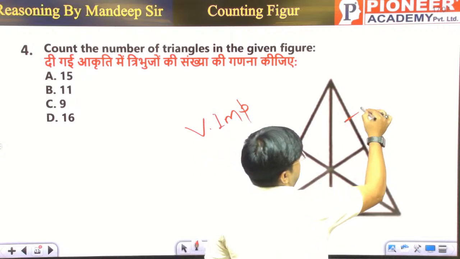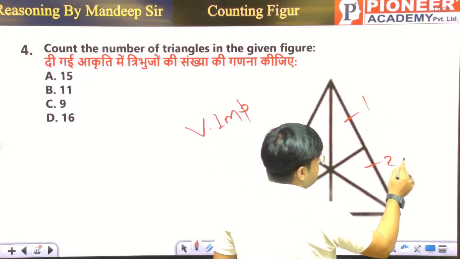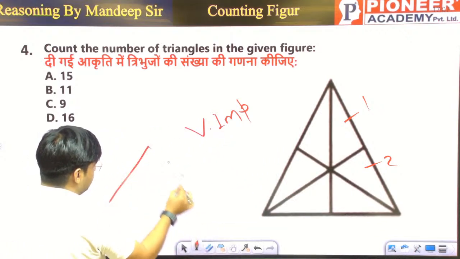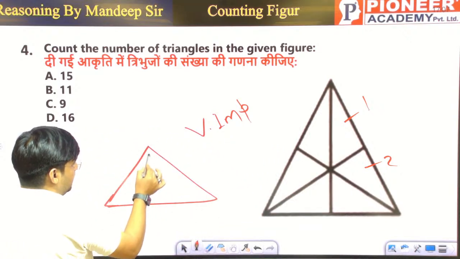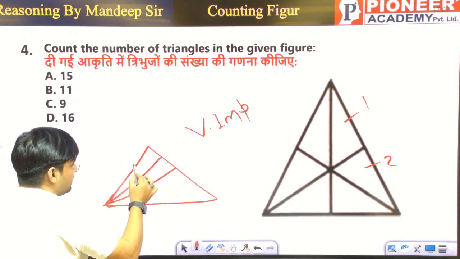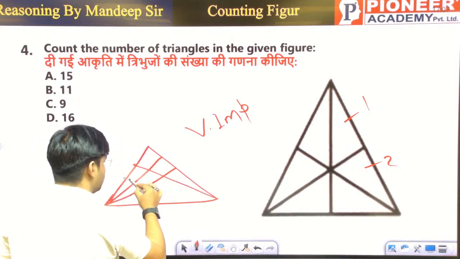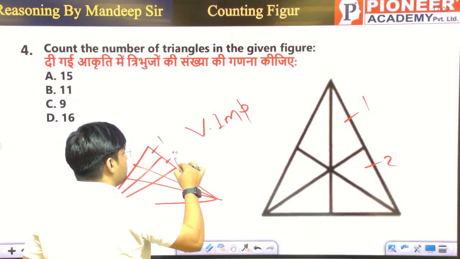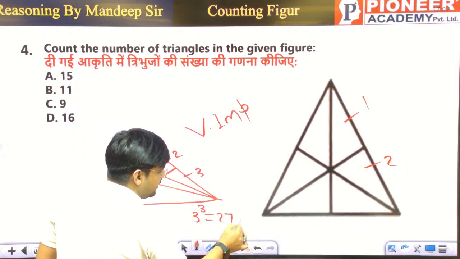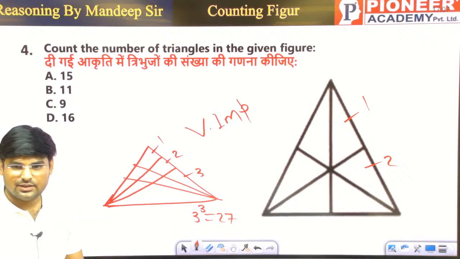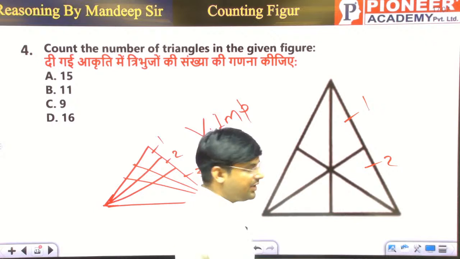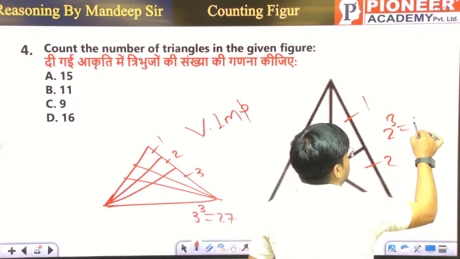If we got two parts, one and two, and if we got three parts, one, two, and three, we have to do cube of three because there are three parts. So here two parts, we do cube of two, 8.